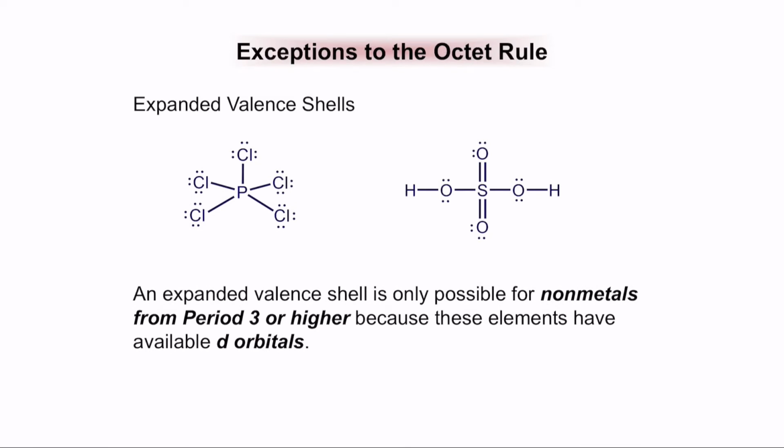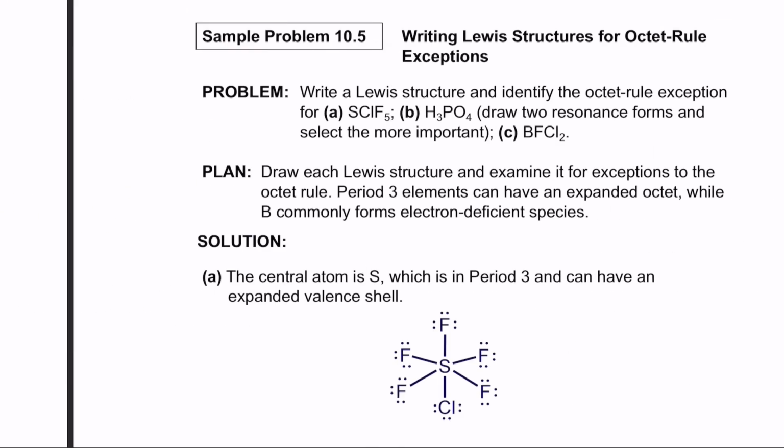There are also what we call expanded valence shells. For example, sulfur can take up to 12 electrons and phosphorus can take up to 10 electrons, resulting in expanded valence shells. These expanded valence shells are generally only possible for non-metals from period 3 or higher because of the presence of d orbitals. That's the reason why you don't see it in period 2.